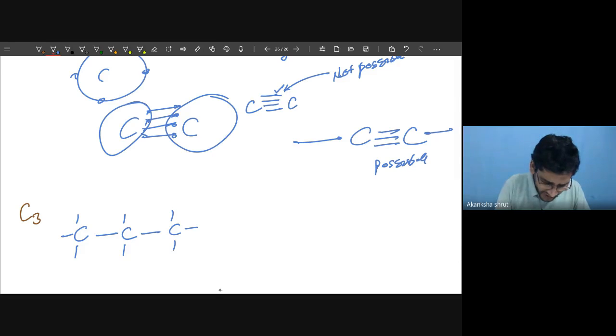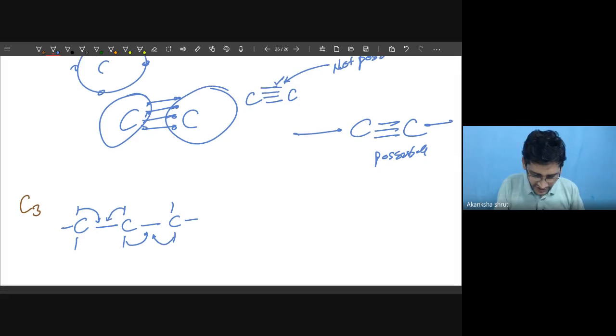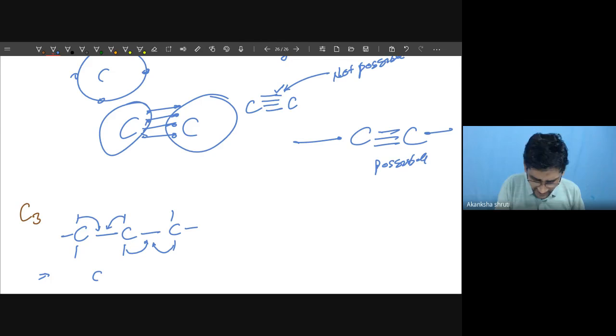Now one may think, okay, 1 electron is this, connect here, connect here. Another may think, collect it here, connect it here. So what is the structure that you are getting? C double bond C double bond C, but still the 2 electrons at the terminal carbons are not shared. So tetravalency is not satisfied here.